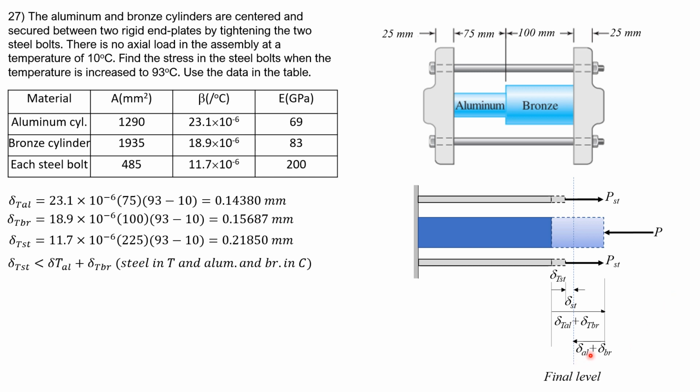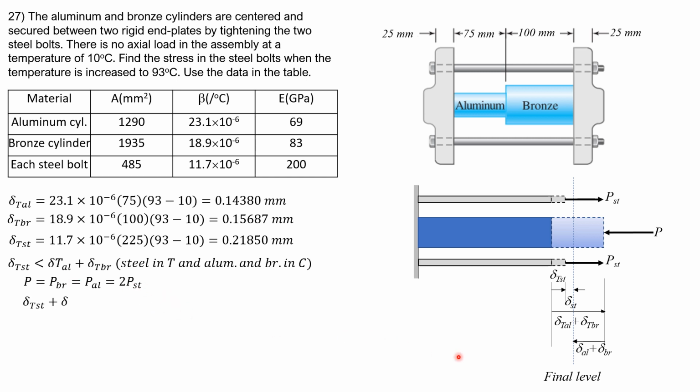So this is delta aluminum plus delta of bronze. So P therefore is equal to 2 times P sub ST, and that P there is the compressive force in the bronze and the aluminum, equated to 2 times PST. So this is by equilibrium or statics.